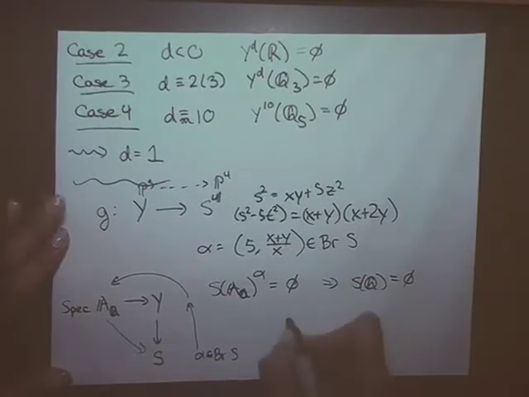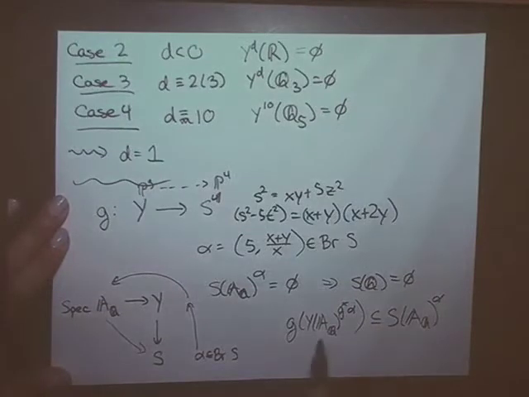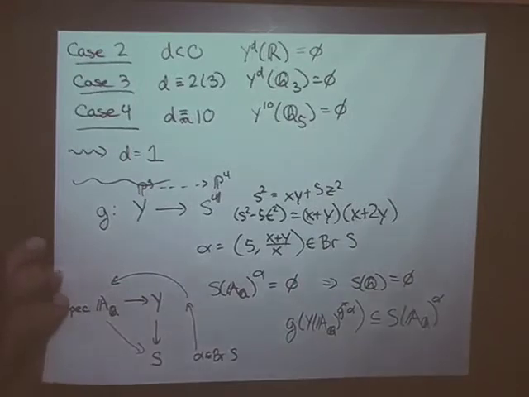Okay, so what this diagram shows is that if you map down the adelic points orthogonal to the pullback of alpha, that's contained in the set of adelic points orthogonal to alpha on S. So this is empty, so this is empty. Okay, does that make sense? So now we've shown that the Brauer-Manin obstruction is empty.